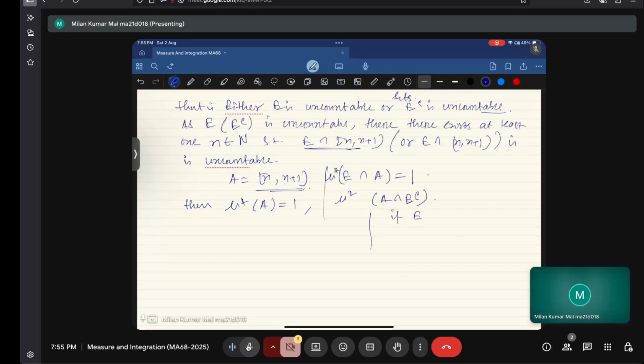So here if we use mu star of A intersection E complement, what will it be? Is it possible it will be 0? Suppose E is countable. This is given.